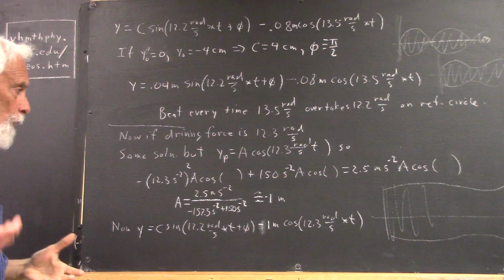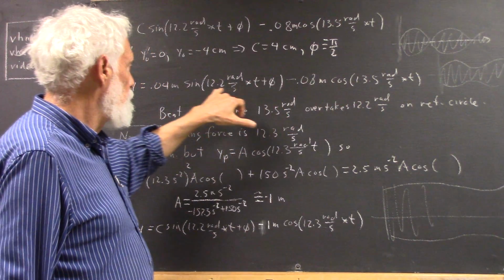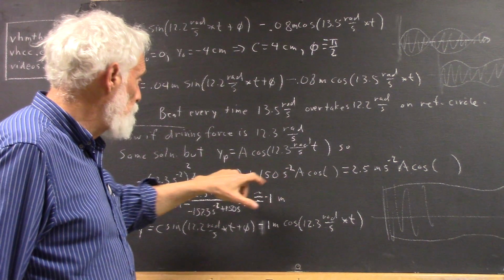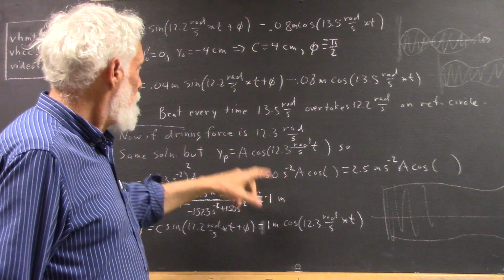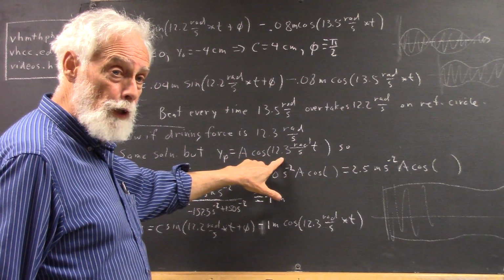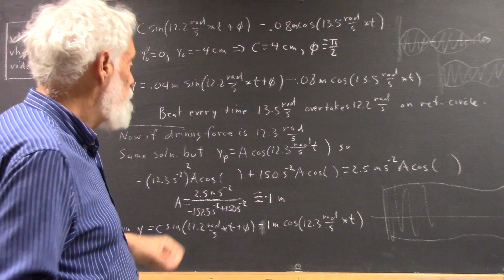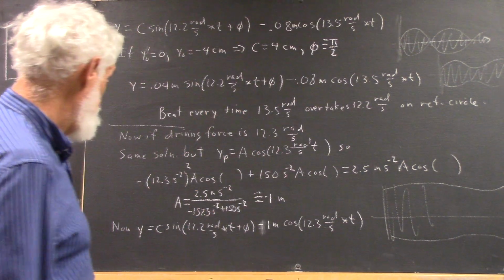Well, what you're doing is you're going from 13.5 radians per second, which is a 1.3 radian per second difference, to a 0.1 radian per second difference. You're 13 times closer to the natural frequency if you drive it at this frequency, which gives you a much bigger amplitude because you're much closer to full reinforcement.